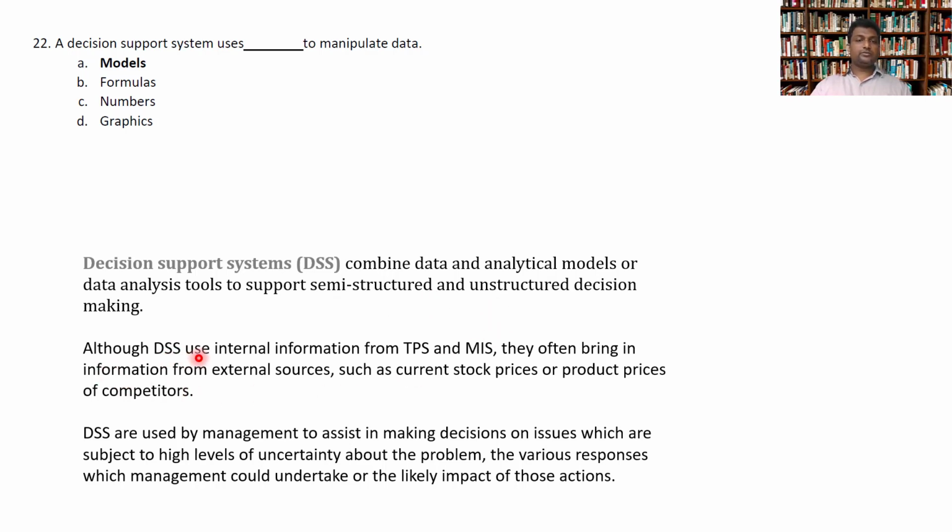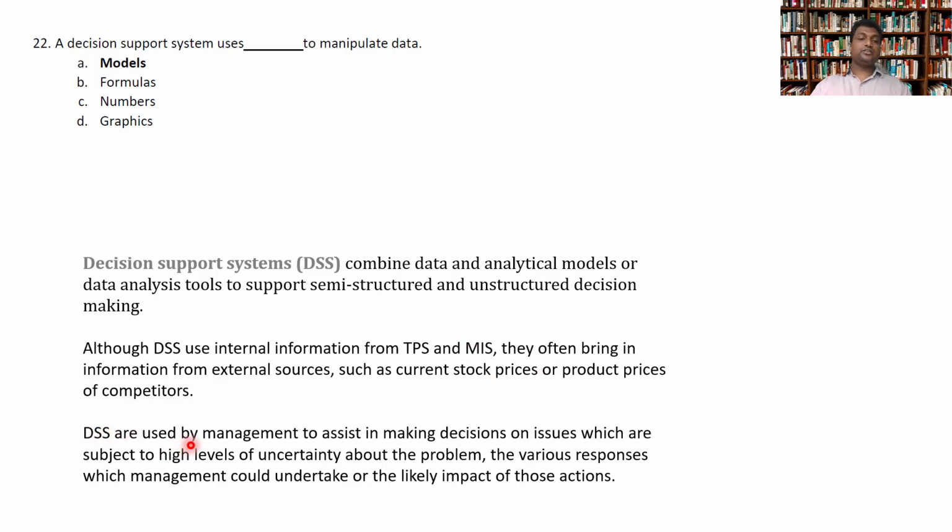Although decision support systems use internal information from transaction processing systems and management information systems, they often bring in information from external sources, right? So for these decisions, this system will also look for relevant information from outside as well. So this system will connect through the internet and access necessary information and use it together with the internal information in the organization when giving us certain projections and support.